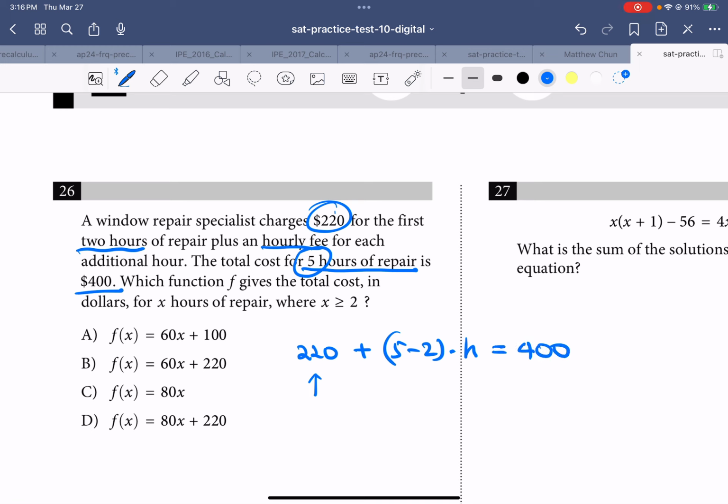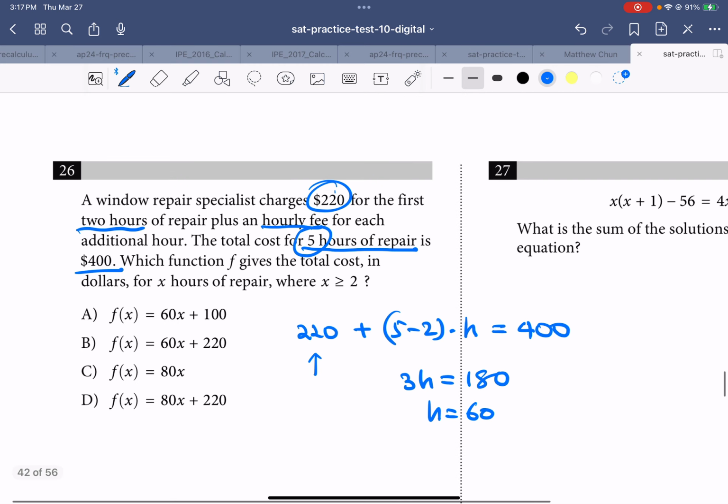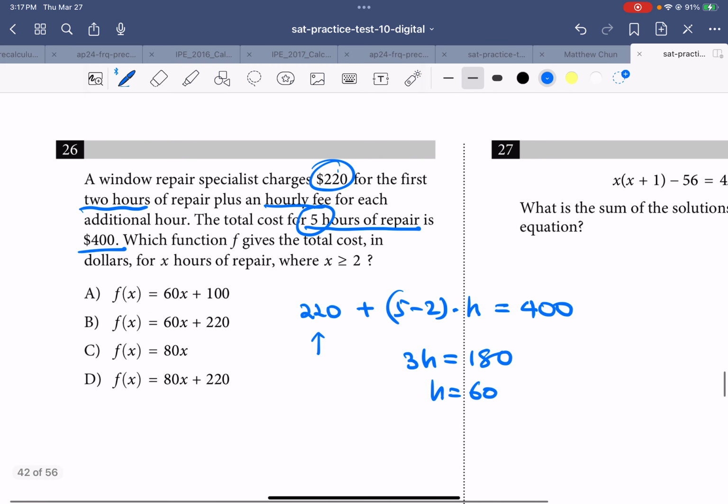That's what it said. So we can find out the hourly charge after 2 hours, right? When you subtract 220 from both sides, 3h equals 180. So the hourly charge is $60 after 2 hours. So the question is which one? Your f of x is the total cost for x hours, right?